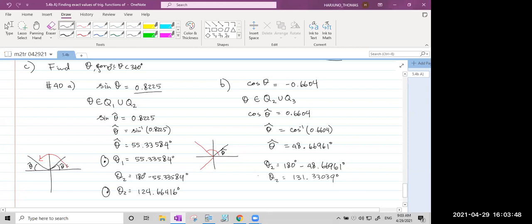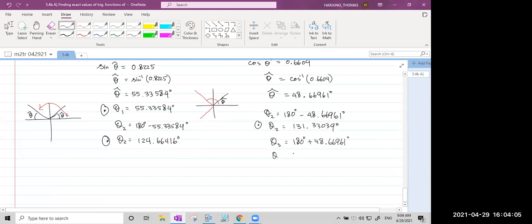And the one in quadrant 3 is 180 degrees plus that number, which is 228.66961 degrees.